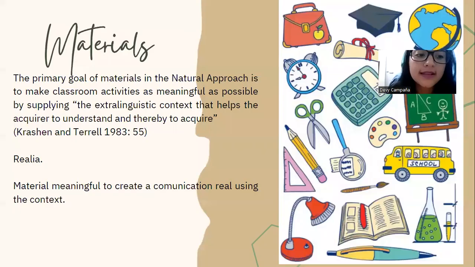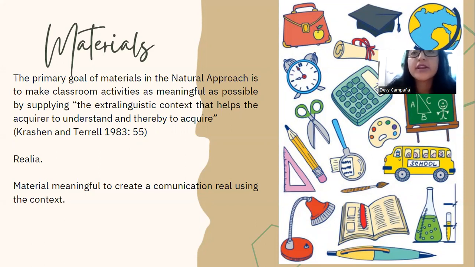The next slide, please. Okay, in materials, the primary goal of materials in natural approach is to make classroom activities as meaningful as possible by supplying the extra-linguistic context that helps the acquirer to understand and thereby to acquire. For example, in natural approach, the teacher can use realia.